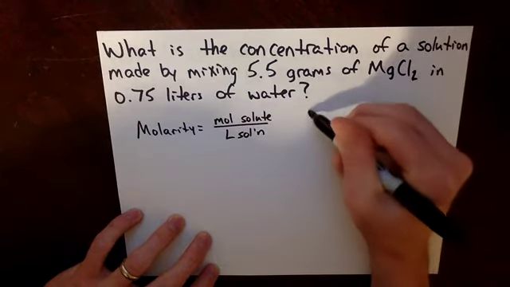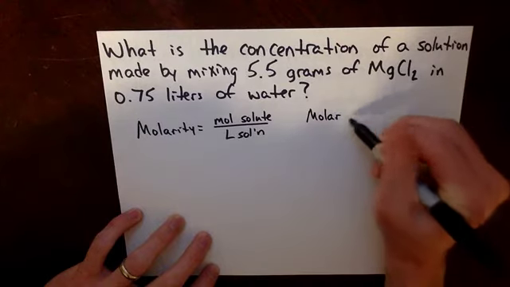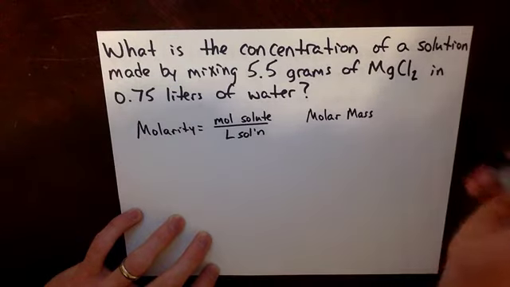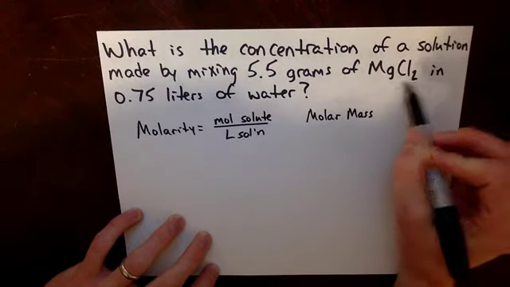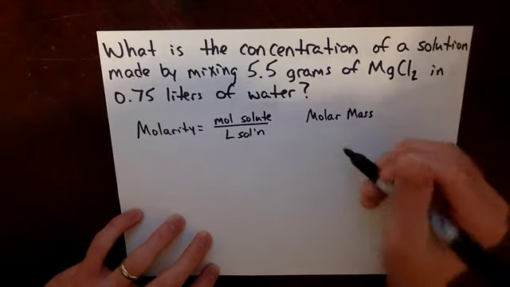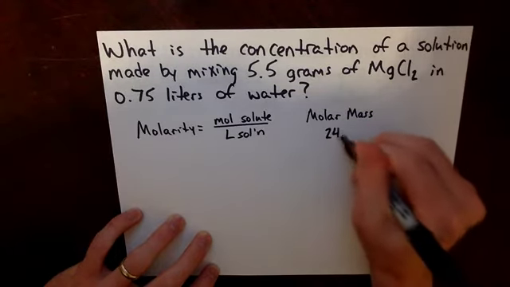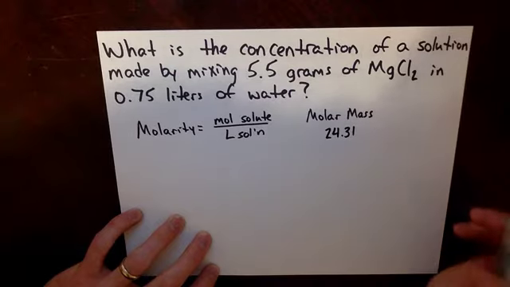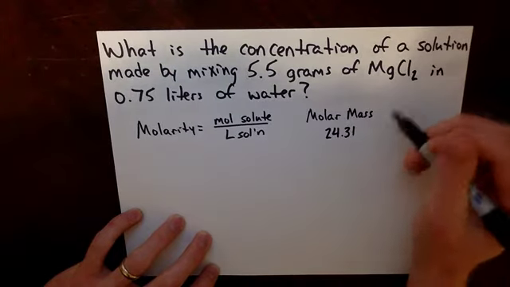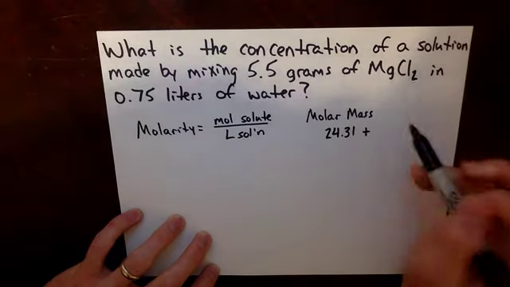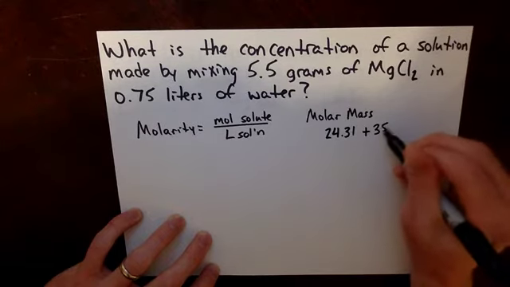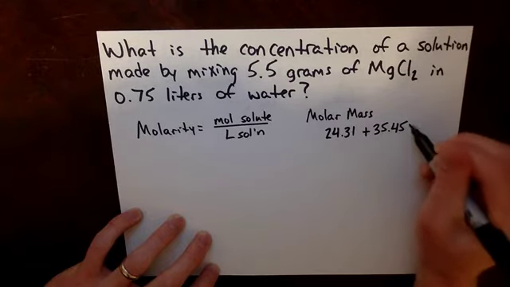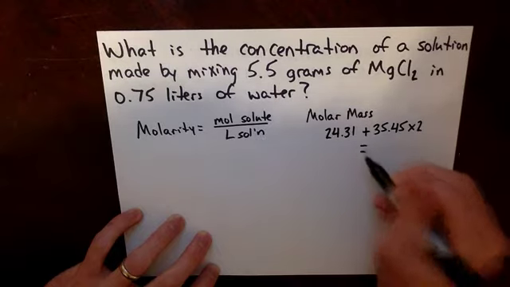So if we look at our periodic table, we need to find the molar mass of MgCl2. Well, the molar mass of magnesium from the periodic table is 24.31. At least I hope so, I'm doing that from memory. Plus chlorine, which is 35.45, but there are two of those, so we need to multiply that by 2.